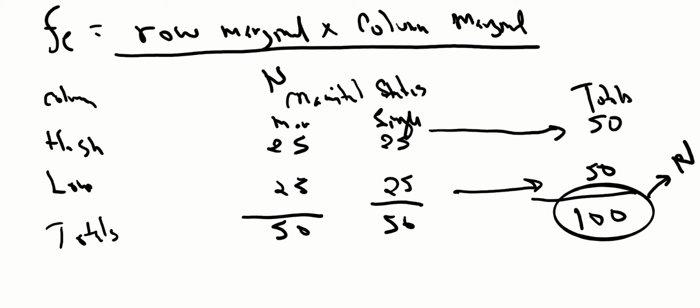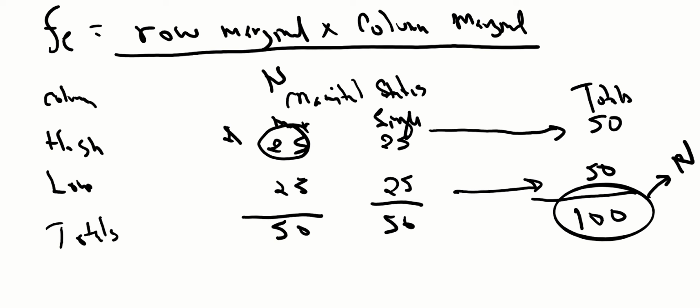But let's come up with this f expected, right? The f expected for our first 25. And it says that it's row marginal times column marginal, right? So the row marginals are the totals at the end of the row. So for this particular 25, and let's call this 25 A, its row marginal is 50.